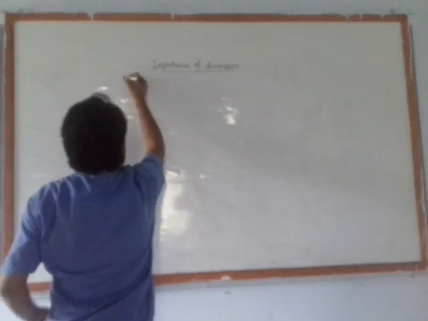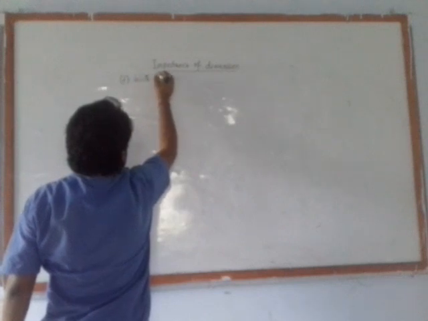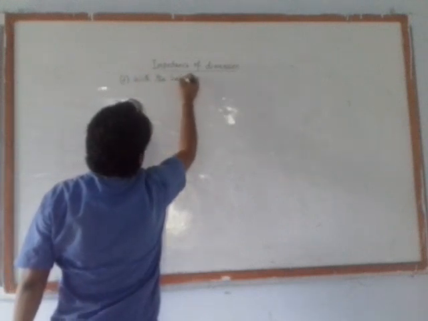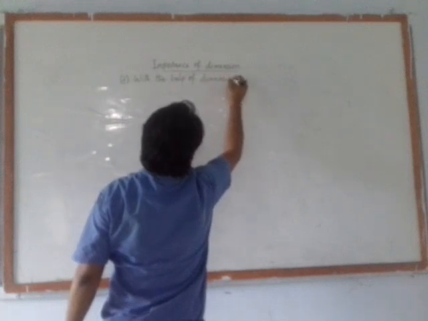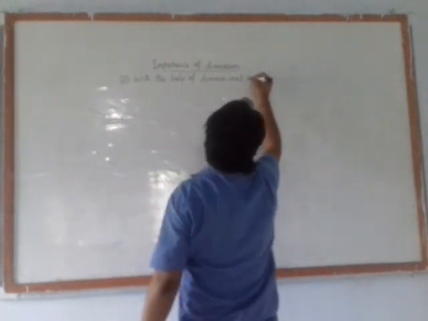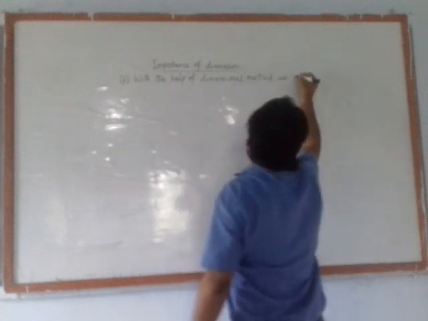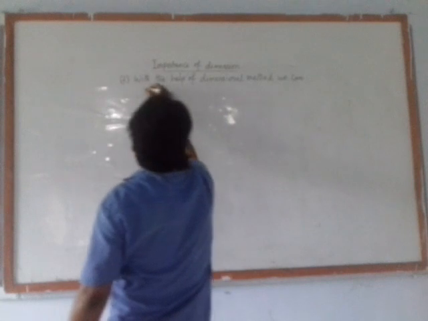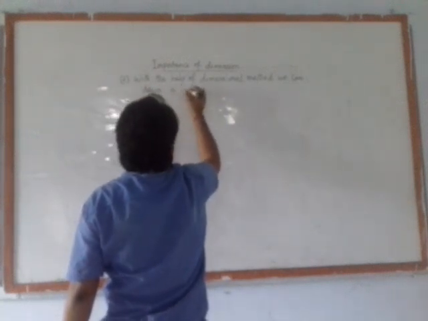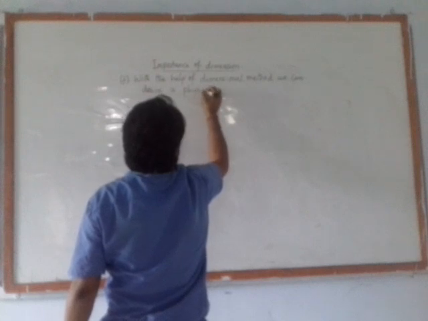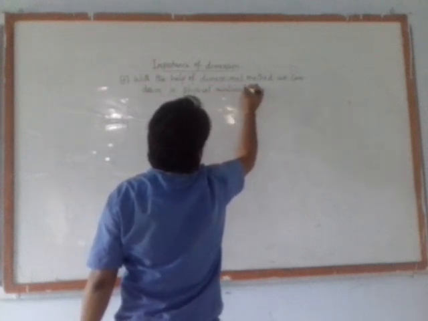Means here the second use is, with the help of the dimensional method, or dimension, we can derive a physical relation. Here also I will put a star.